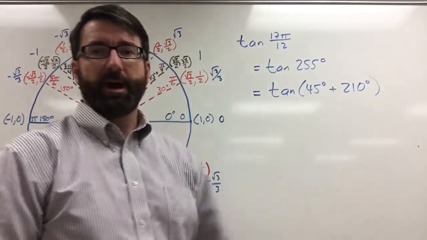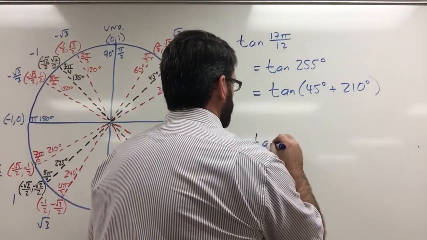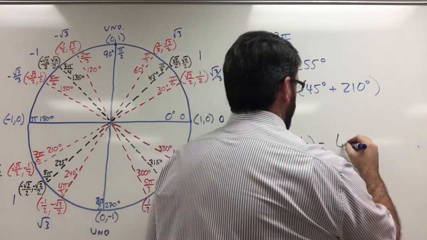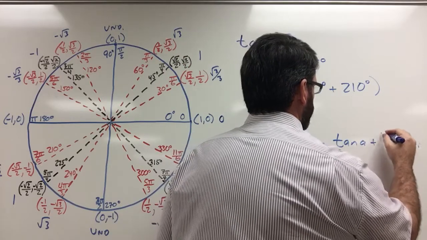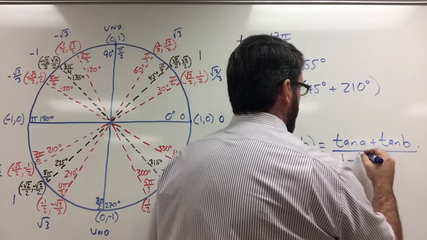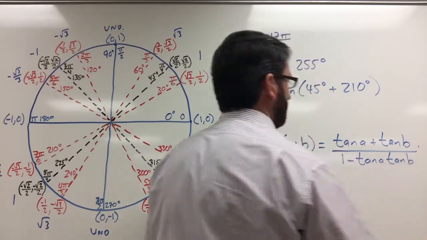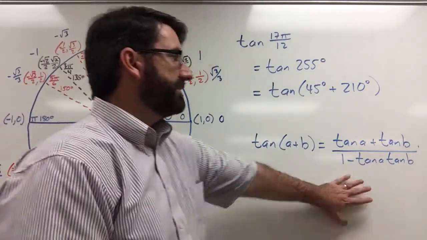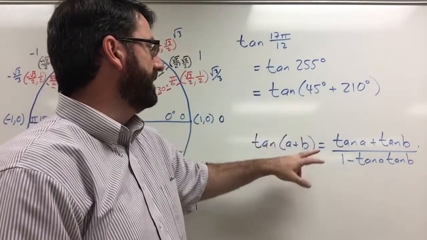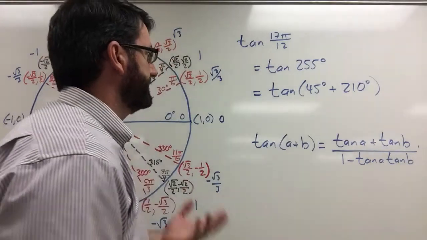And now we're going to use our sum identity for tangent, which is that the tangent of A plus B is equal to the tangent of A plus the tangent of B divided by 1 minus the tangent of A times the tangent of B. So that's our identity, and we're going to use that identity here with A equal to 45 degrees and B equal to 210 degrees.